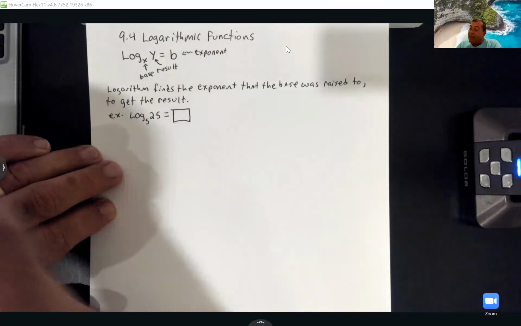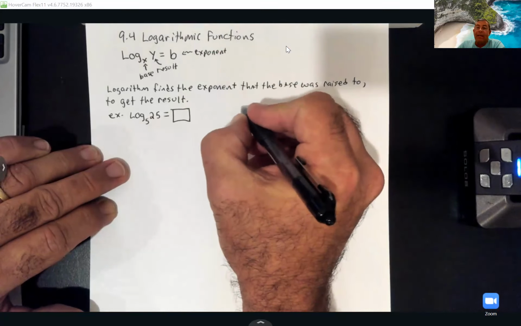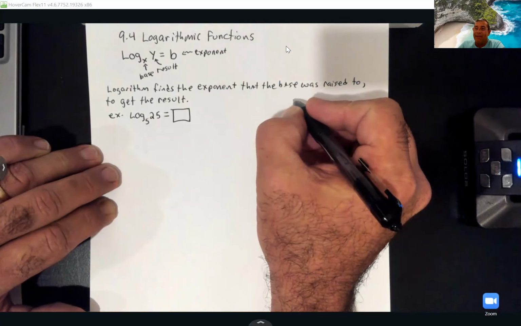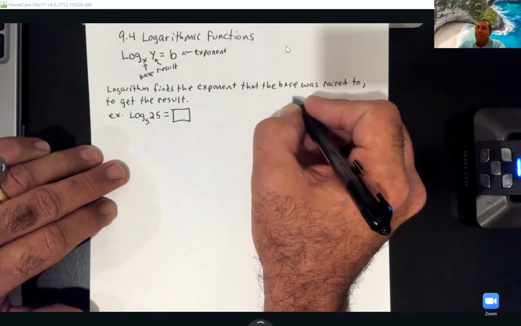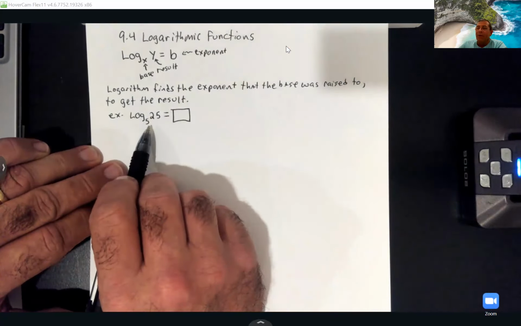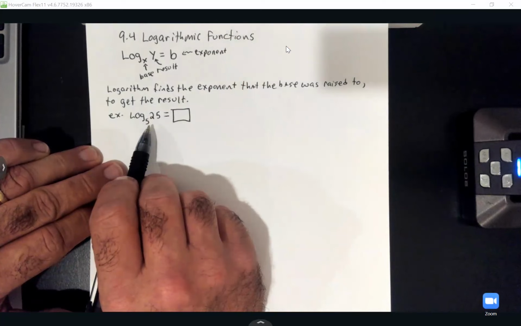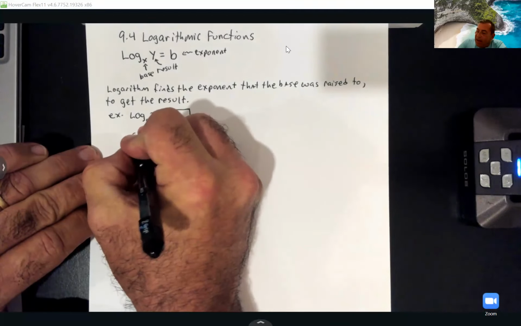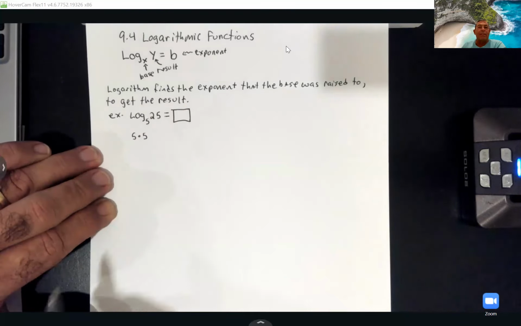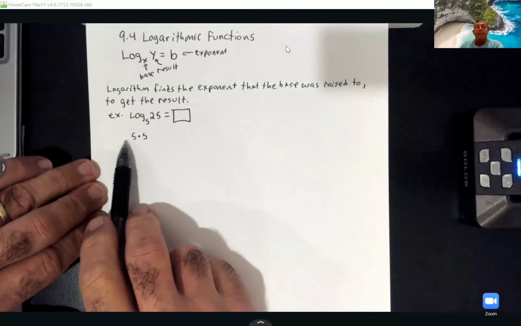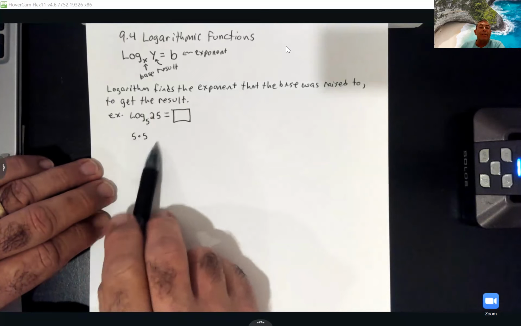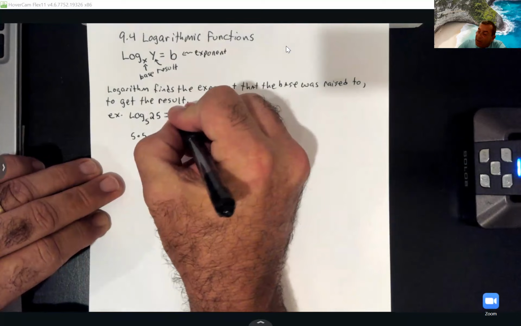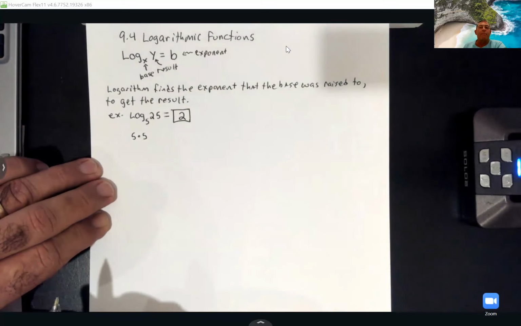Well, not 5 times, right? Because that'd be 5 times 5 times 5 times 5 times 5. So it's times itself one time. Okay, so you got 5 times 5, right? That's going to give you 25. So the 5 is getting multiplied times itself twice. So this would be the exponent of a 2.